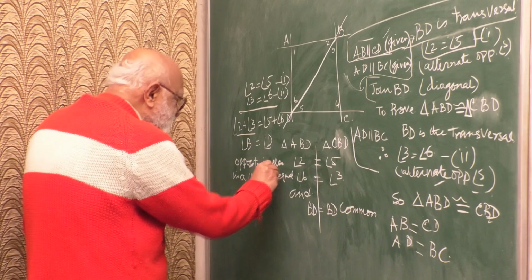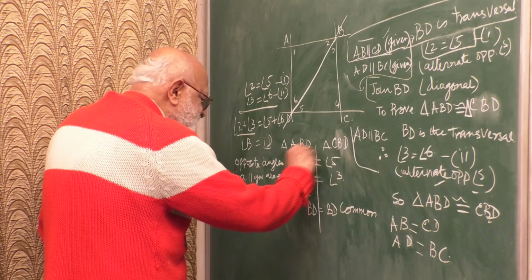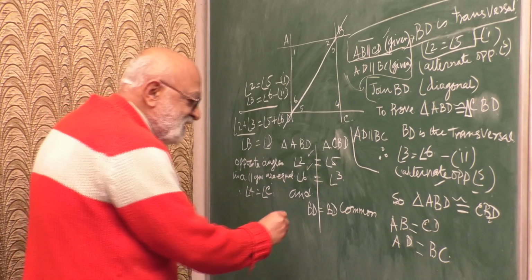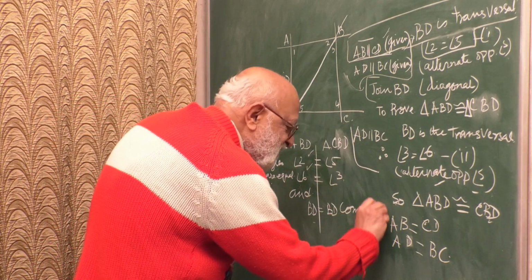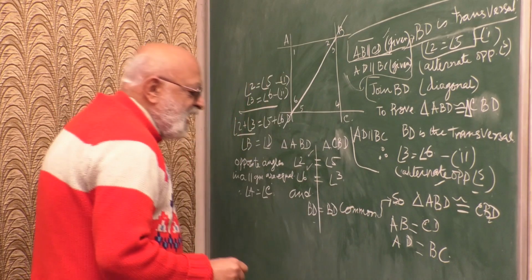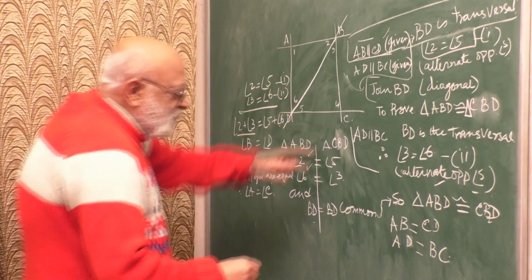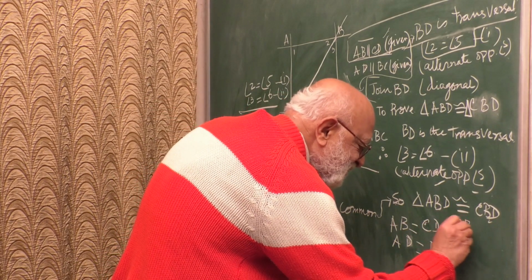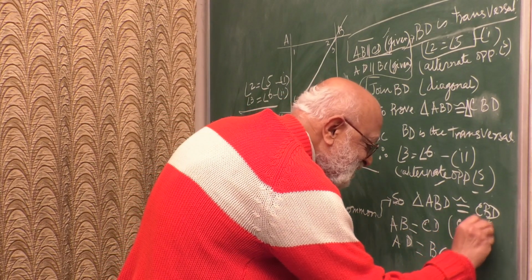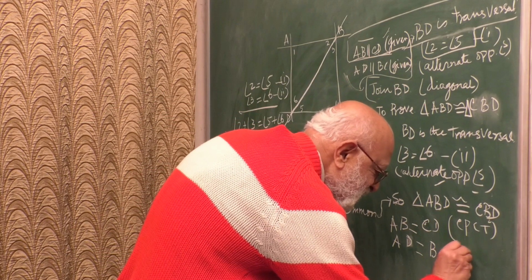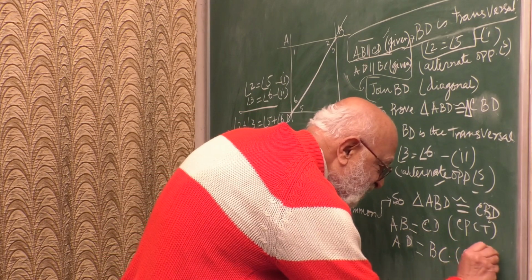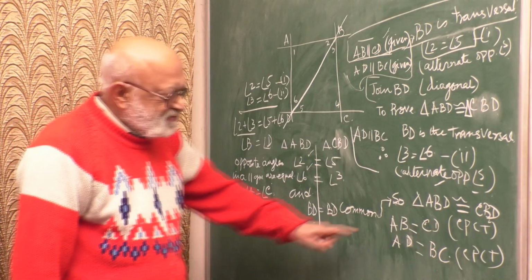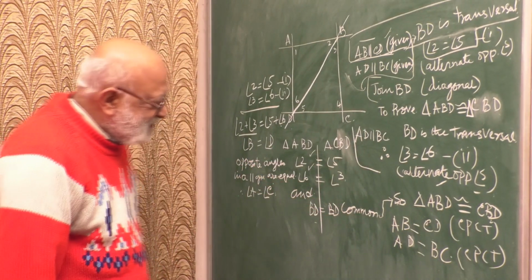Because these opposite angles, this is given, and BD is common, so this is congruent to this, and AB is equal to CD by CPCT, corresponding parts of congruent triangles. This I have not written before, so please check this. This should be equal by CPCT.